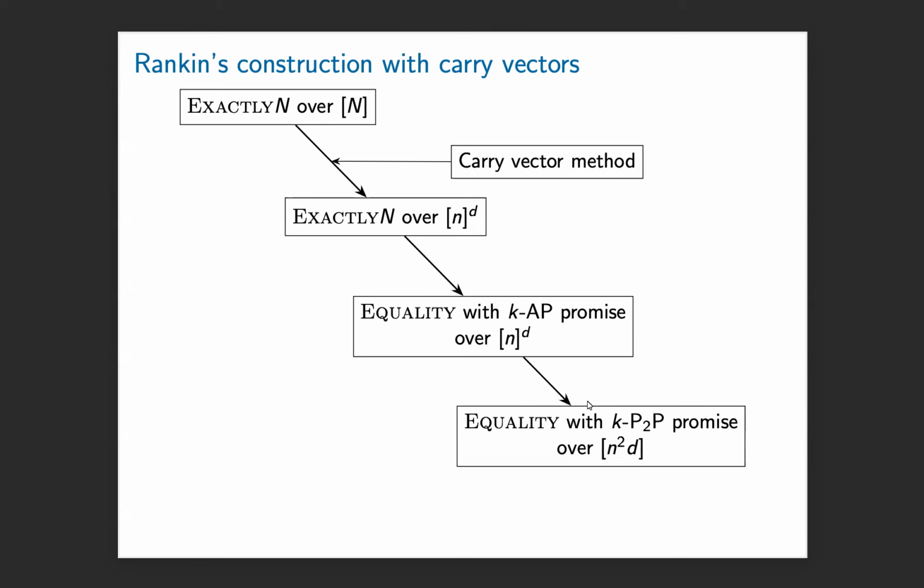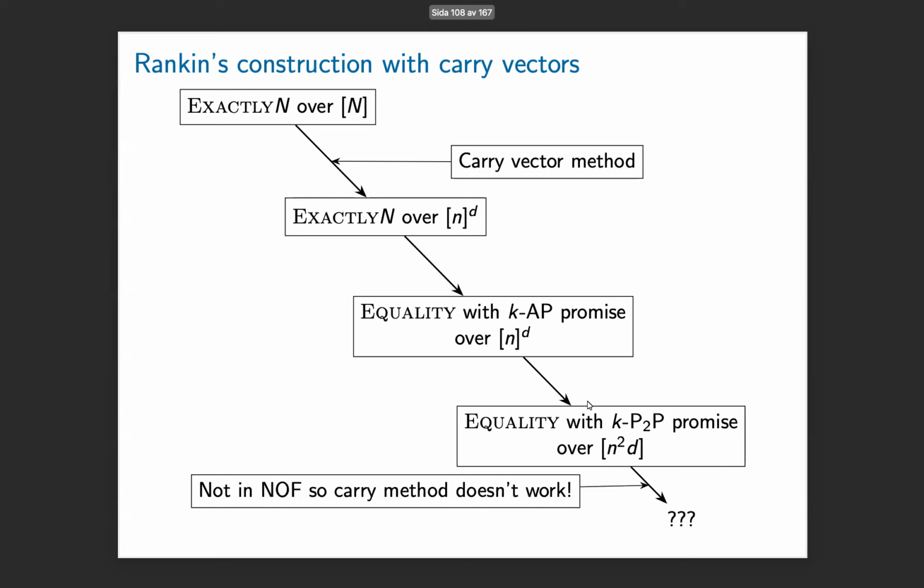So let's say we wanted to follow Rankin's construction. I'll explain what this means later, but essentially Rankin is then asking us to solve an equality with a different promise. And then continue.